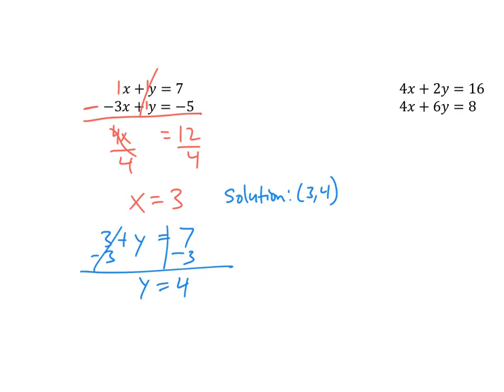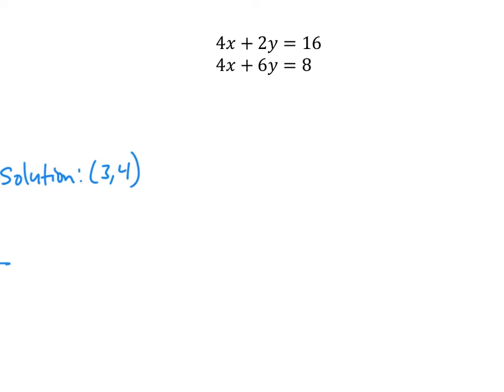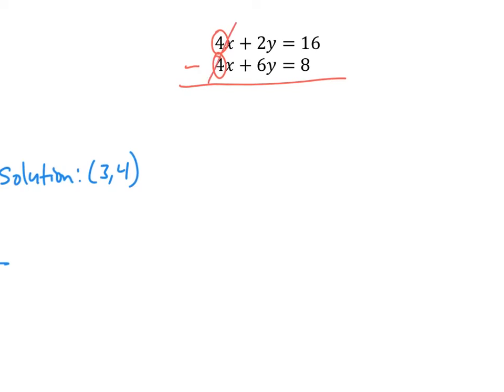All right, let's look at one final example here. We have 4x plus 2y equals 16, and 4x plus 6y equals 8. In this case, the coefficient in front of the x's is the same, which means in order to eliminate x as a variable, we need to subtract. So we'll subtract everything here. Then we'll take 4x minus 4x, and those will just cancel out.